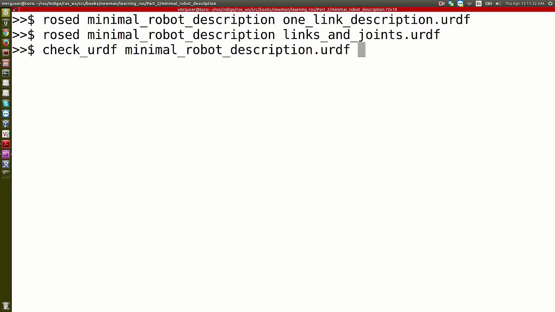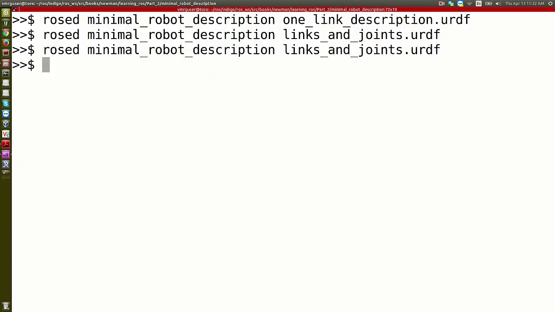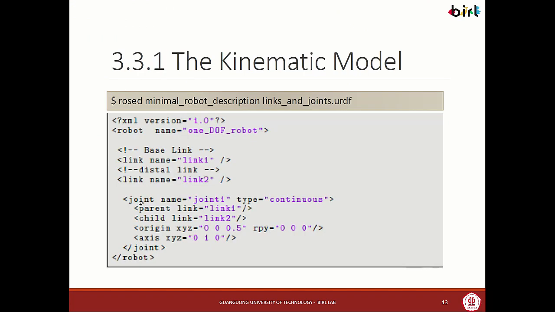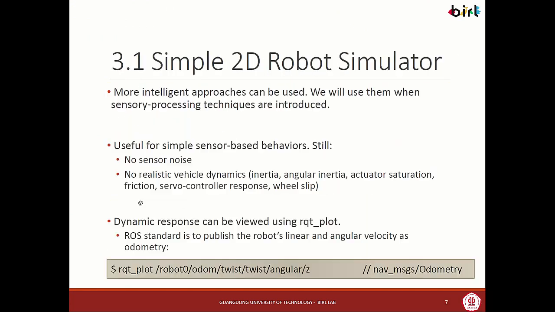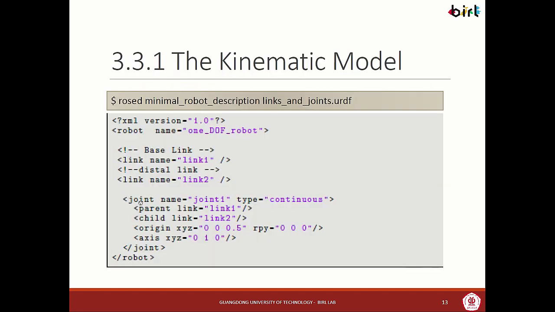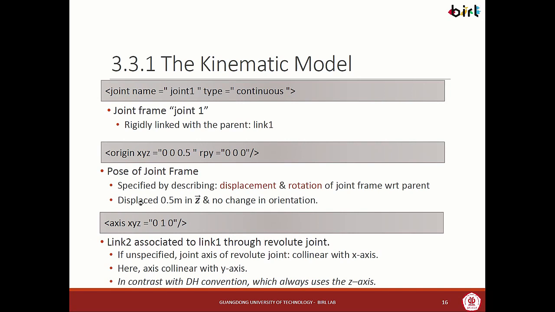Which one is it? This one? No. Sorry, which one was it? What was the first one that we did? I'm making a mistake here. Links and joints that had all the inertia parameters.